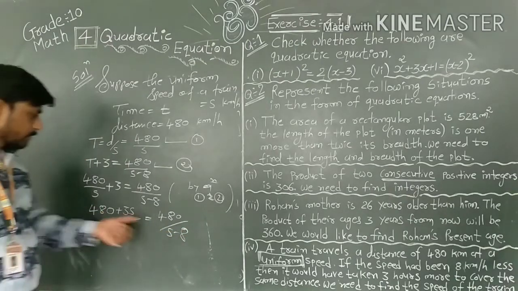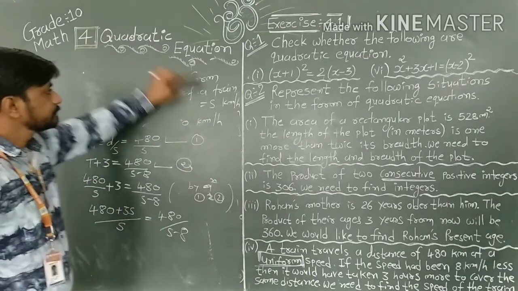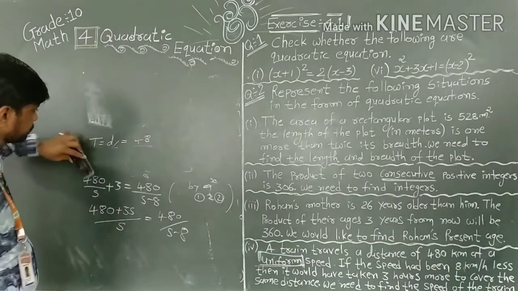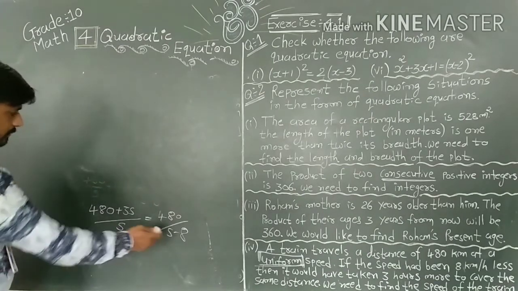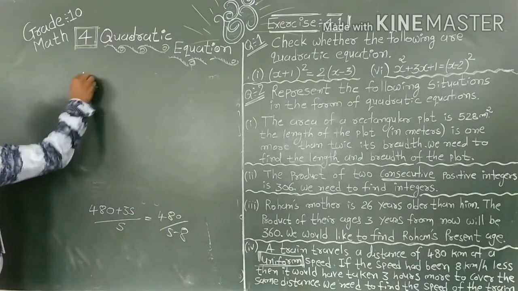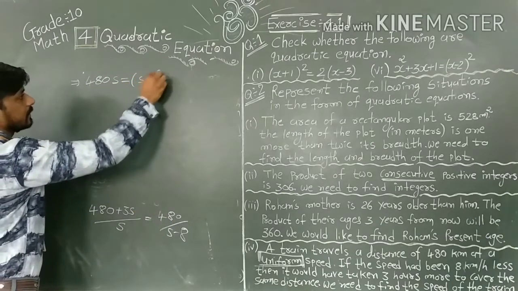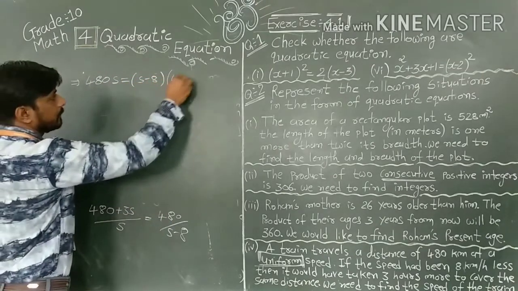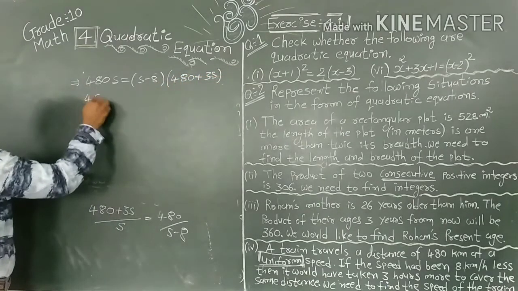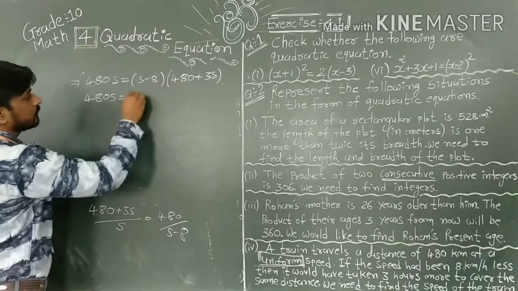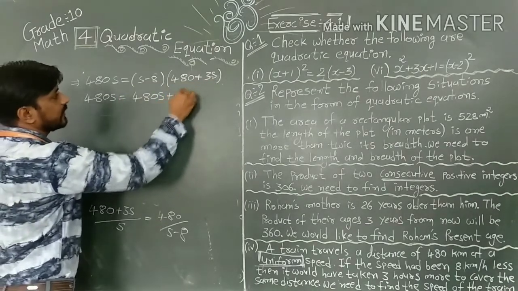Now do cross multiplication. What happened? Look here. When I cross multiply, 480s is equal to s minus 8 into 480 plus 3s. 480s as it is, s into 480, that means 480s, s into this one, 3s square.